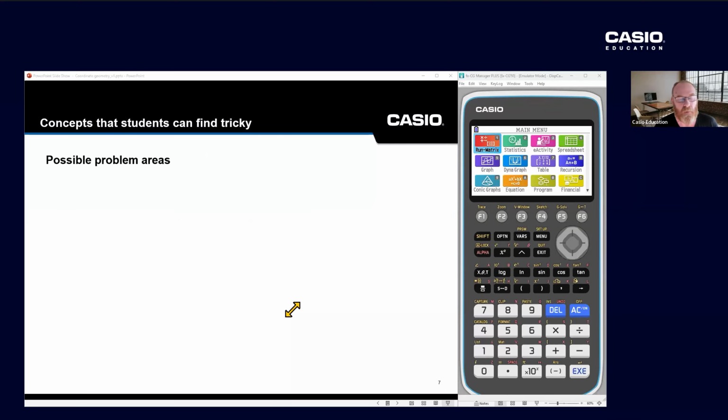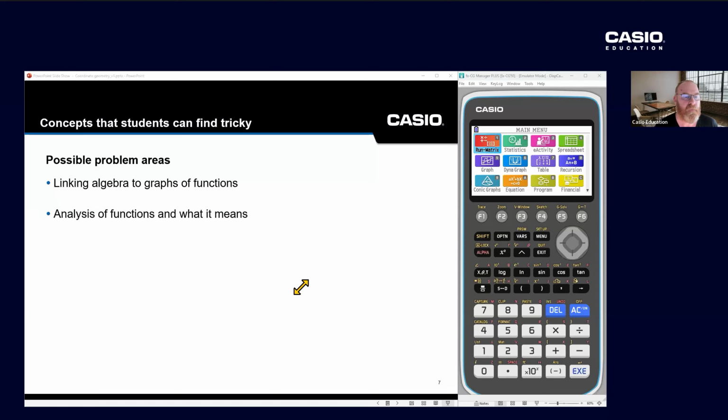So when we look at Cartesian graphing today, possible problems that students may come across include the links that can be made between algebra and functions. Sometimes that is a bit of a problem: factorized form, what that looks like and what that actually means. Analysis of functions: if you're trying to solve an equation or find intersections, what's the interpretation that you can have graphically?